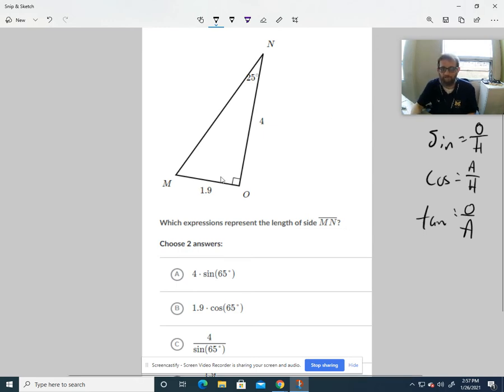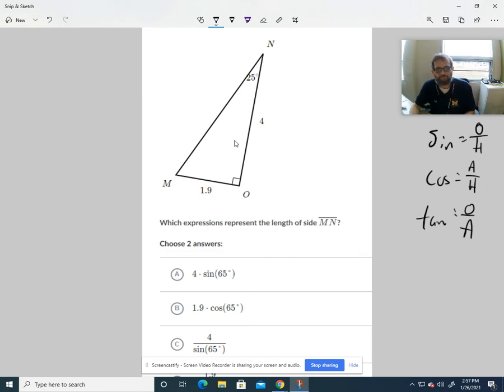Now, right off the bat, I would be wanting to use tangent here. It's got the two legs. But we want to know side MN. Oh, well, then we can't really use tangent. We want to know the hypotenuse. So we want to use one of these two.